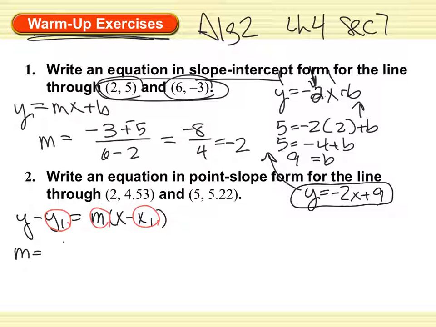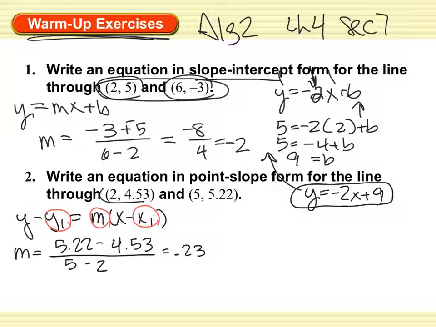So m is change in y, so subtract the y's. It doesn't matter what order you subtract them in, it just has to be consistent. Over 5 minus 2, so 5.22 minus 4.53 divided by 5 minus 2 is 3. That gives me 0.23. So I'm going to pick that one.